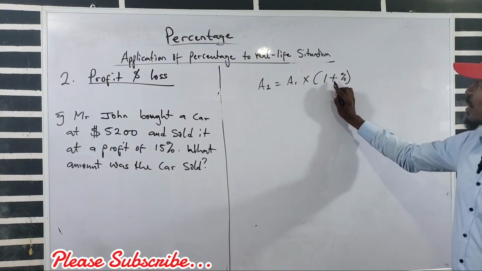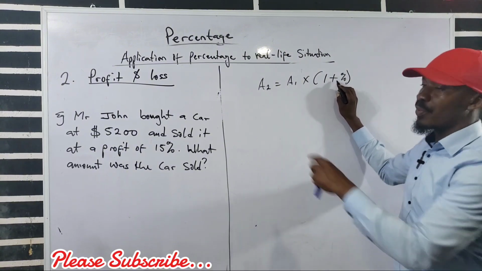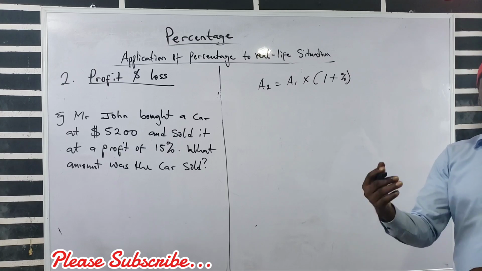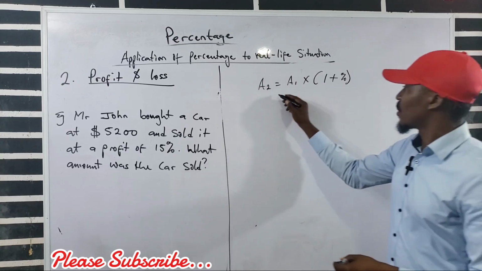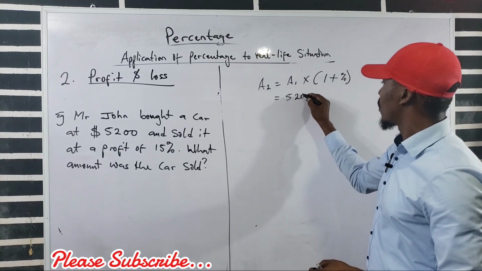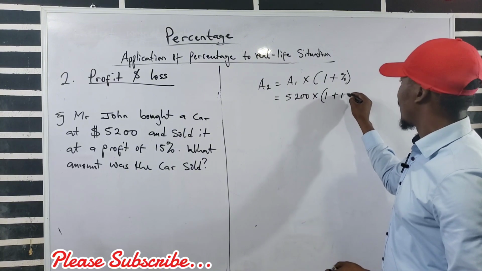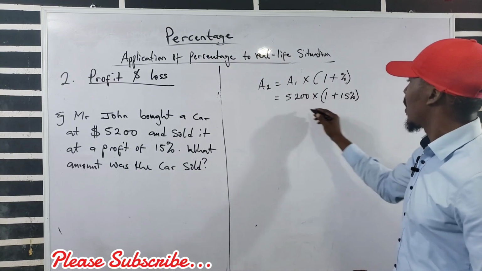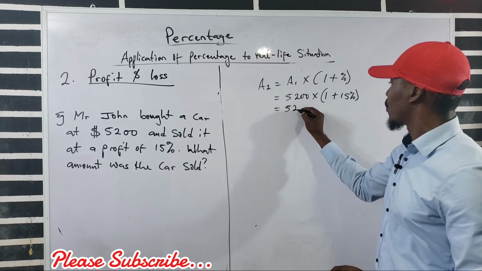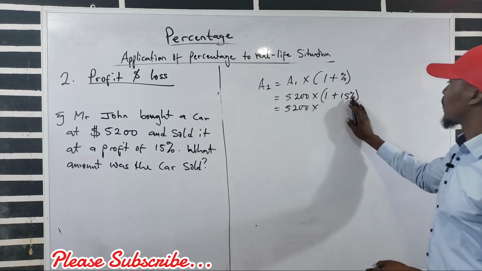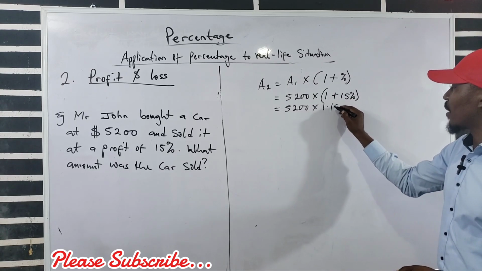Remember why it is plus: profit is percentage increase while loss is percentage decrease. So that will give us 5,200 times 1 plus 15%, and 1 plus 15% gives us 1.15.